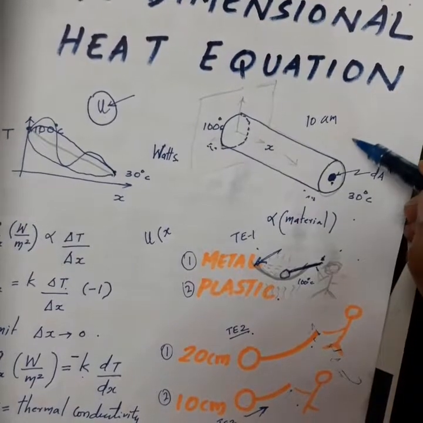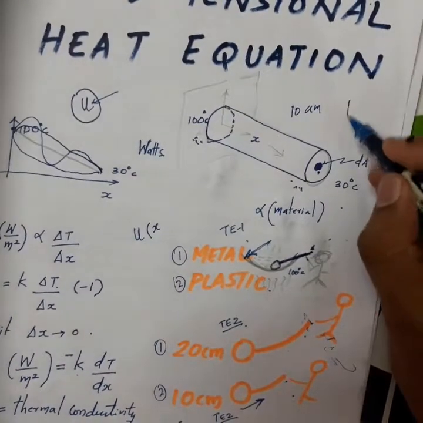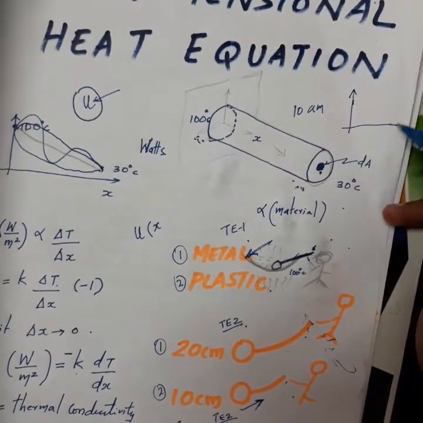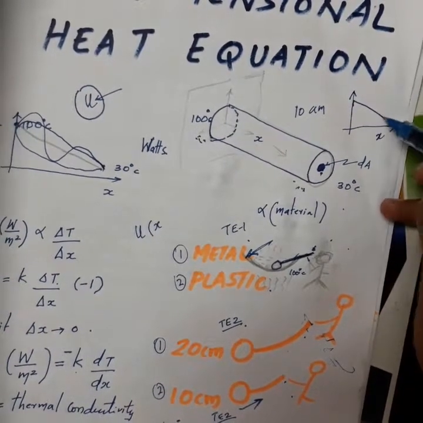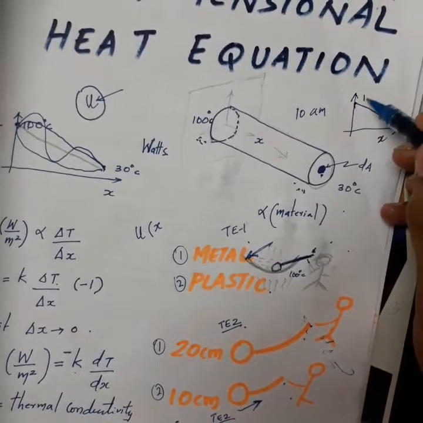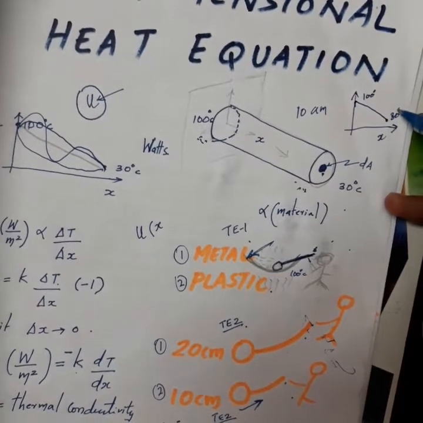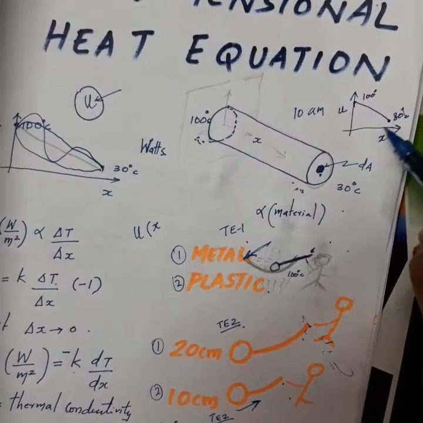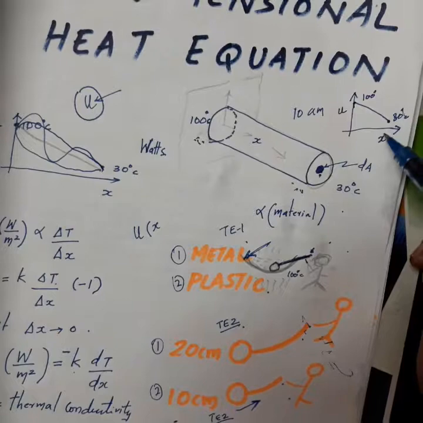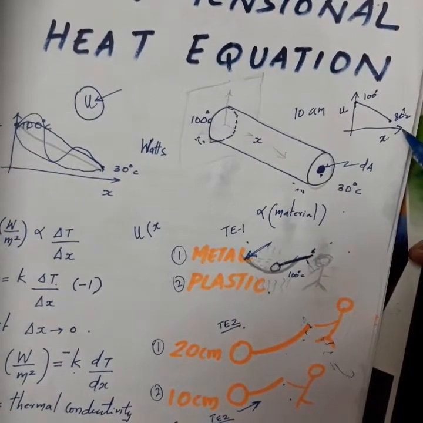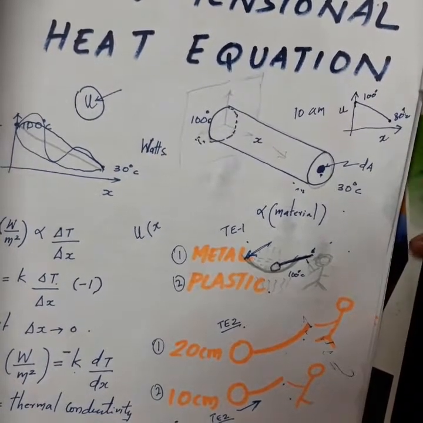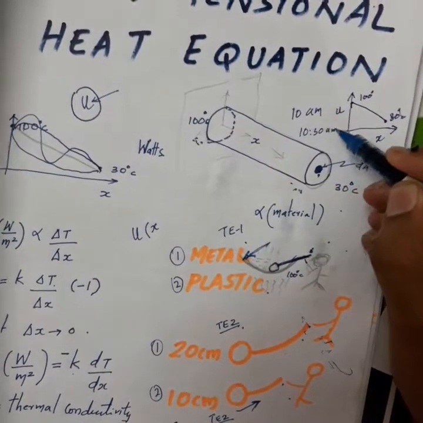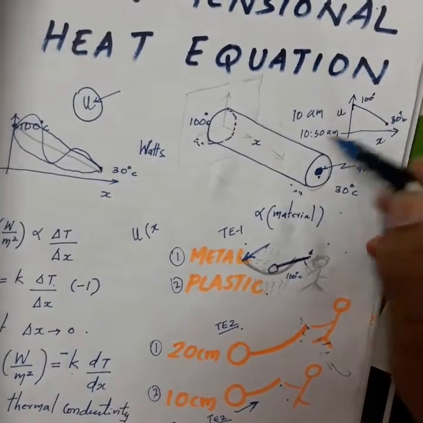At that time, the temperature profile along the x direction was something like this, where this is 100 and this is 30, and this axis is u. But this won't be the case after, say, 10 to 15 seconds, or if I take the measurement at 10:30 a.m. This won't be the temperature profile within this bar.